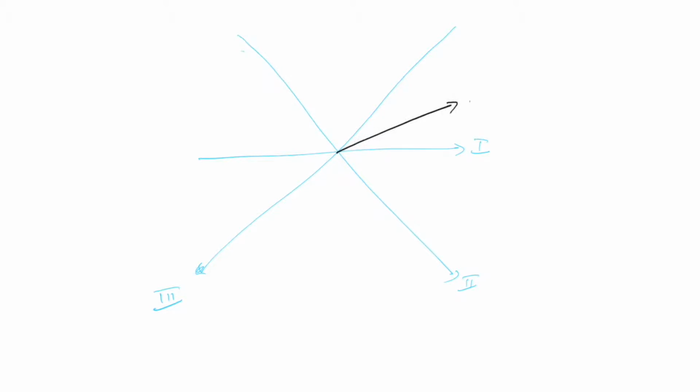So you have AVL, AVF, and AVR. So if you think about it, 1 and AVL are best looking at the left side of the heart.